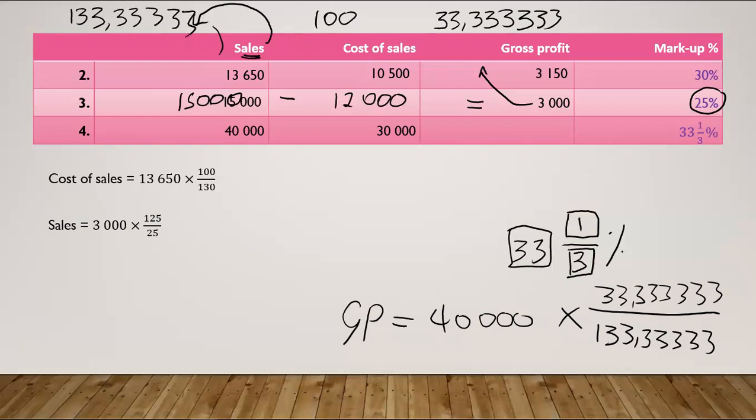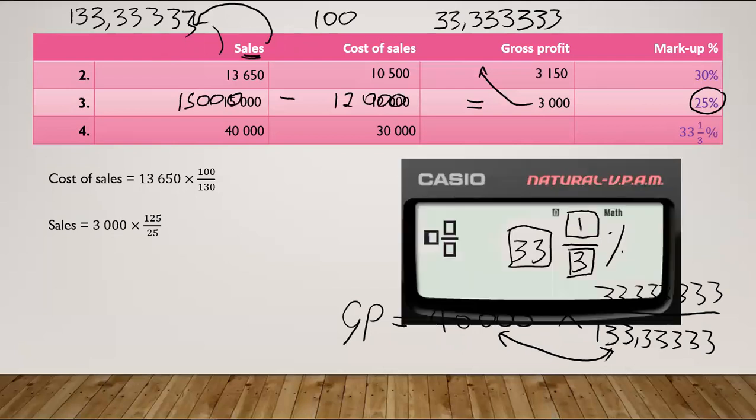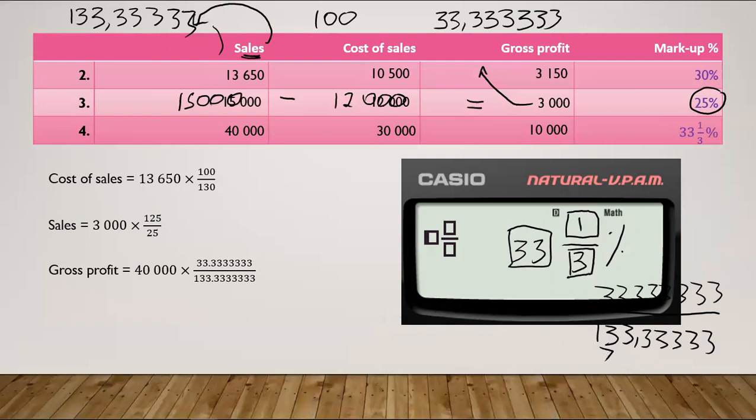Those are the percentages that we've got. If you're wondering why I'm dividing by 133, to work it out, it will simply give us 10,000. If you wanted to use 30,000, which is cost of sales, you are going to say gross profit is equal to 30,000 times 33.333, but you divide it by 100 because cost of sales is at 100.